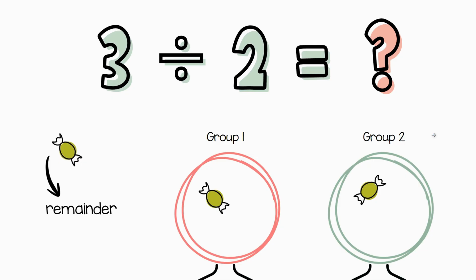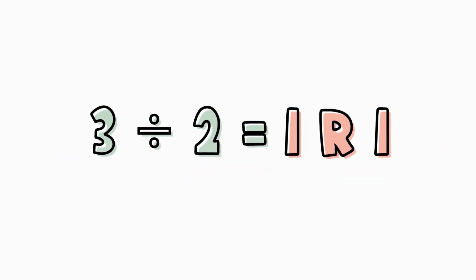How do we show this in our answer? Yes, the answer would be 1, remainder 1. Each person would get 1 piece of candy, but we have to let everyone know that there was 1 left over. And so we represent that by saying R1. R stands for leftover or remainder.